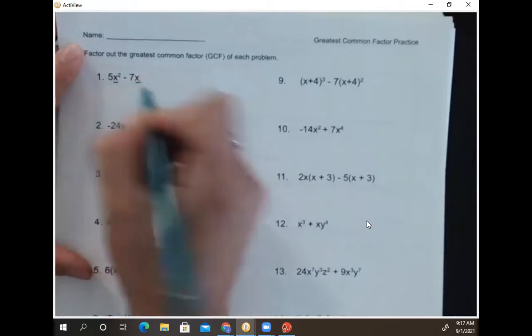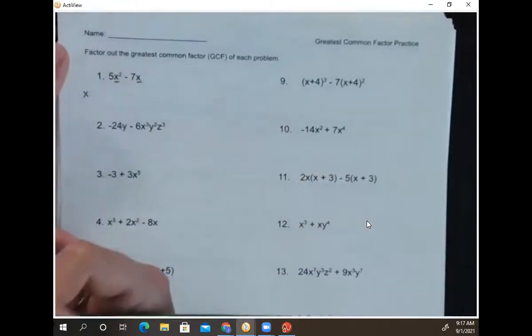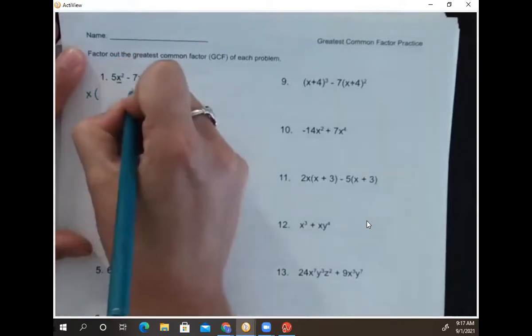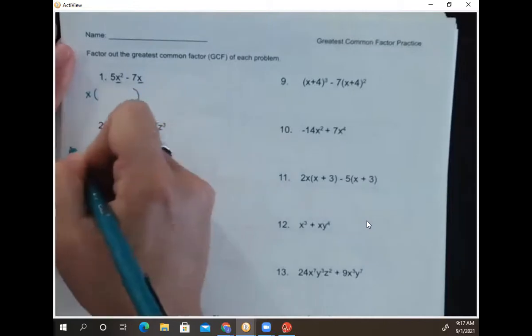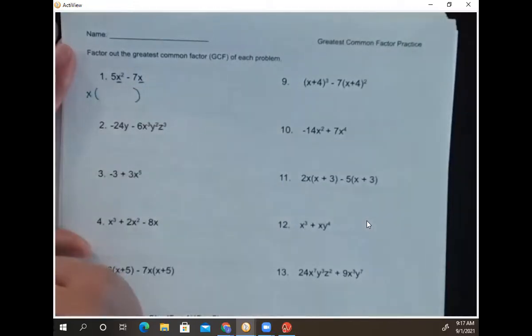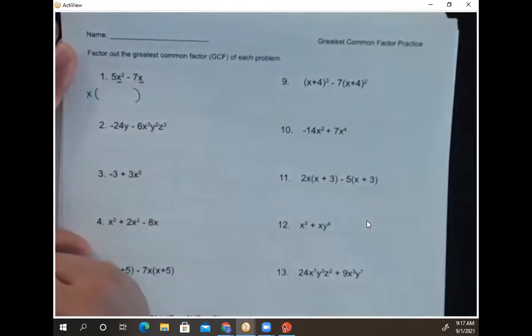So if I have an x with both of these, what I'm going to do is divide that x out, or factor that x out. So I'm going to pull the x out front, and then in parentheses, I'm going to write what's left over when I divide x out of each of these terms.